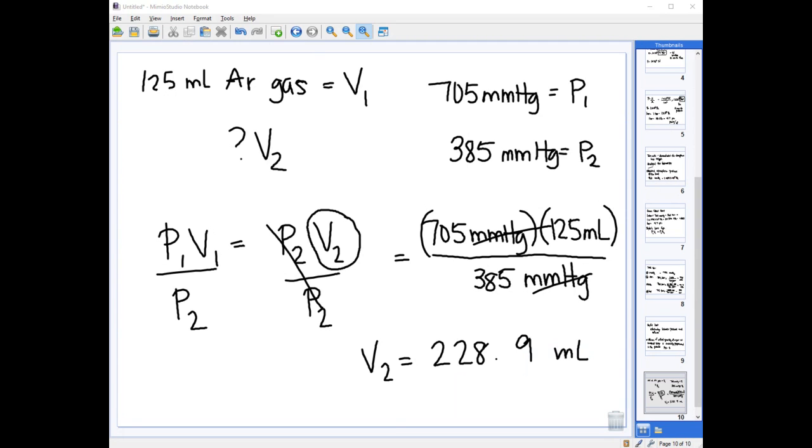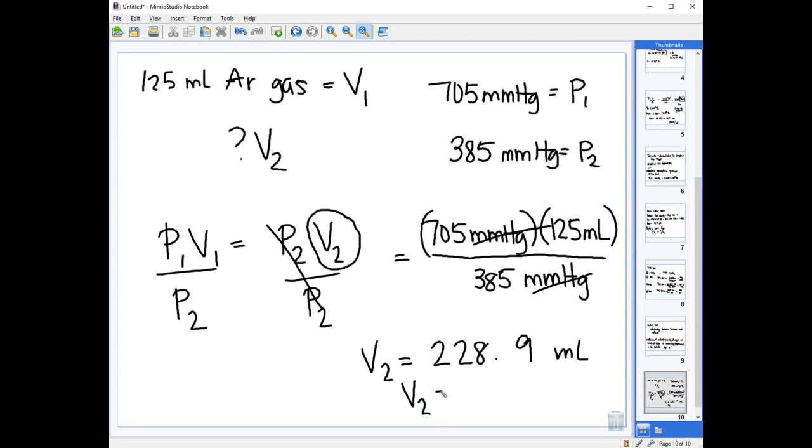How many significant figures do I have in my numbers? Three. Okay, I've got 3 significant figures, so I'm going to take my answer, 228.9, to 3 significant figures, which gives me 229 milliliters.